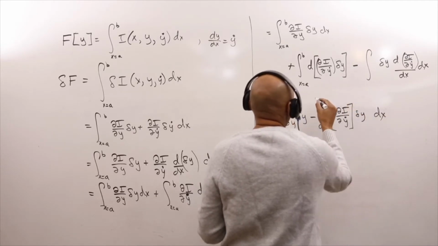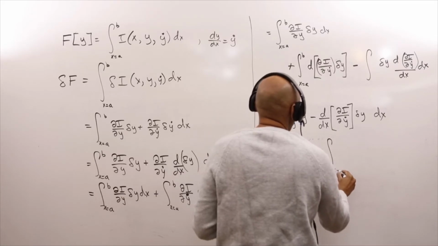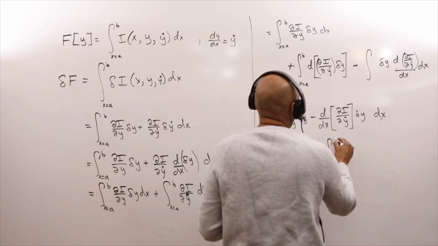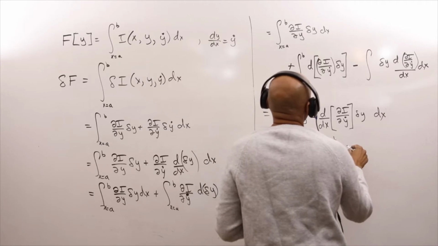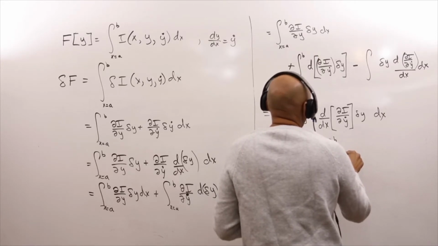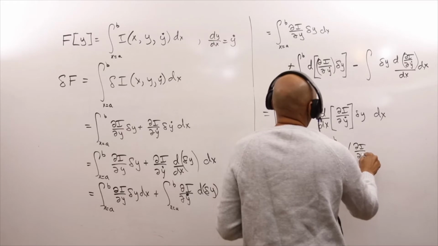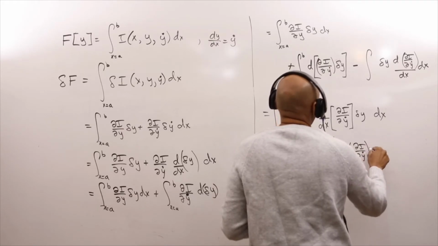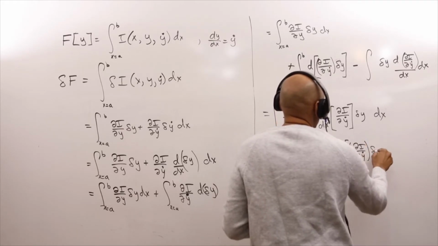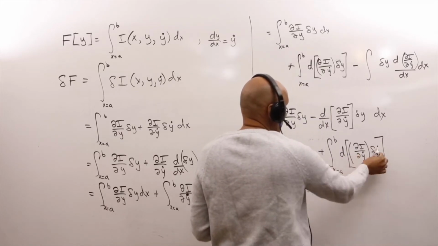And then there's one more term here that says plus the integral taken from x is equal to a to b of the partial, square bracket, a variation of y. Notice we're integrating 1 with respect to this symbol.